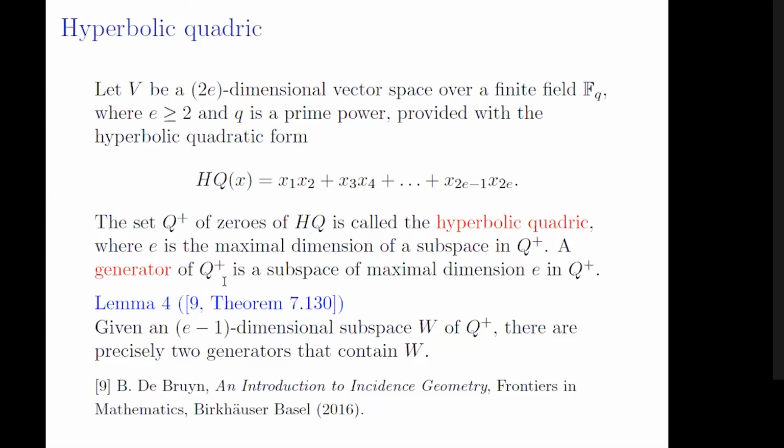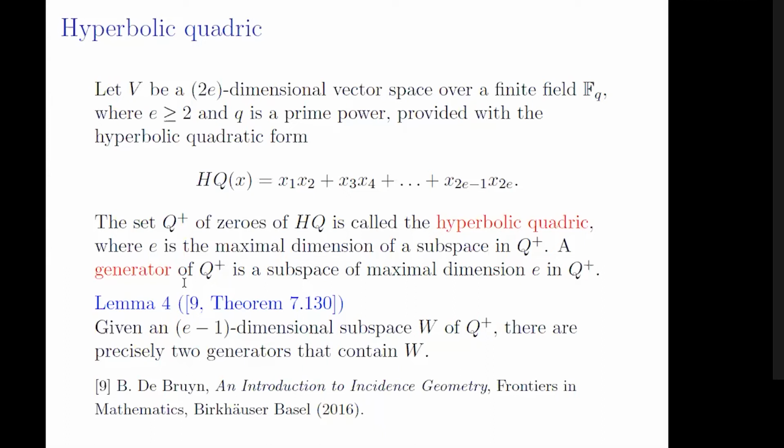A generator of Q plus is a subspace of maximal dimension e in Q plus. And the following lemma states that given an (e minus 1)-dimensional subspace W in Q plus, there are precisely 2 generators that contain W.